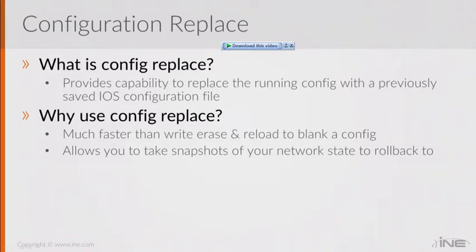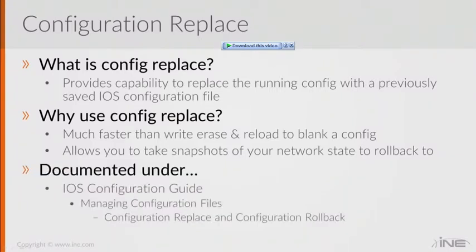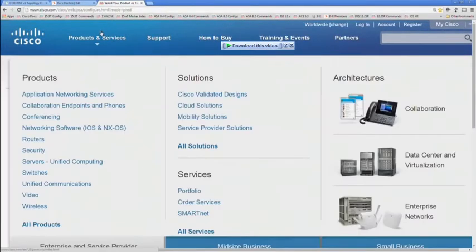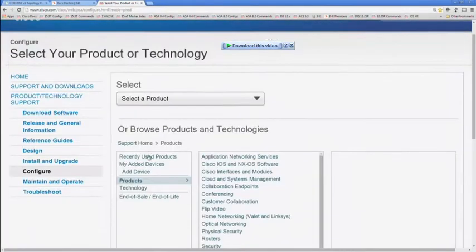Now from a documentation point of view, this is listed under the Managing Configuration Files section under the IOS documentation, where specifically if we take a look at the documentation site, from the main Select Your Product website, we're going to go down to Products and then IOS.